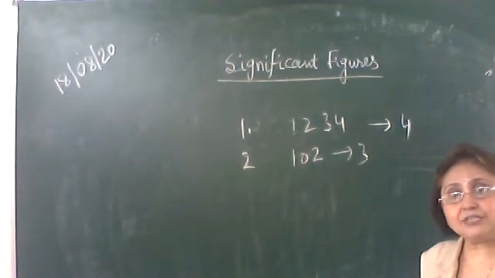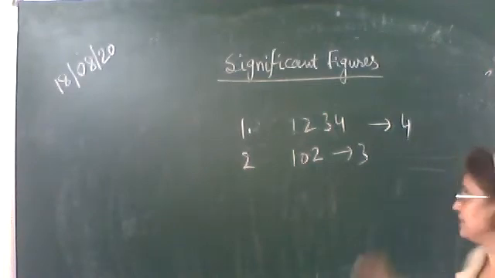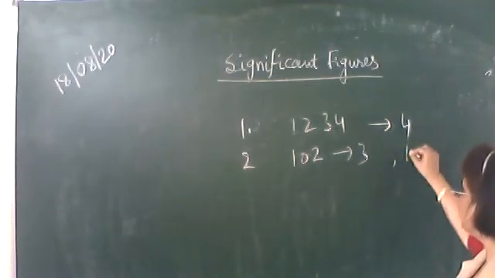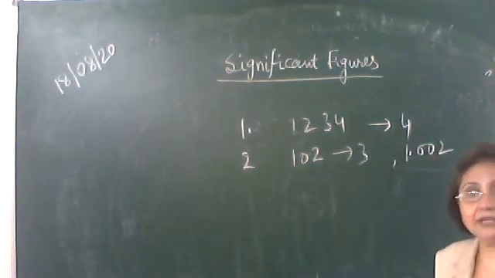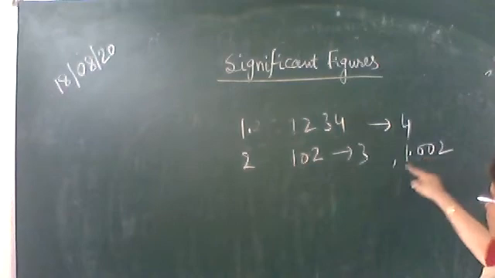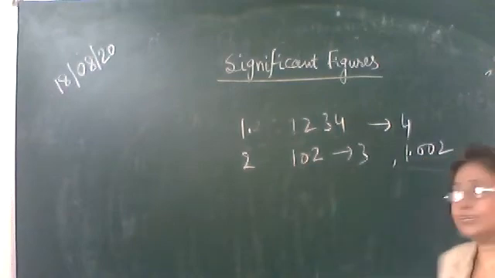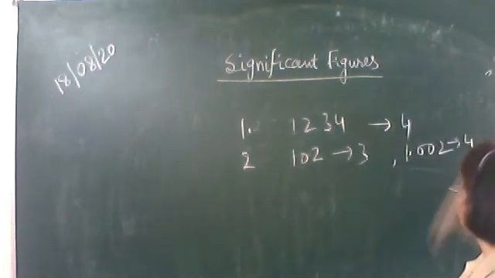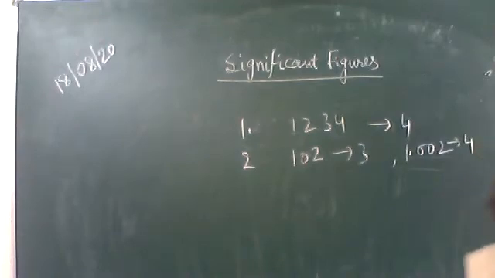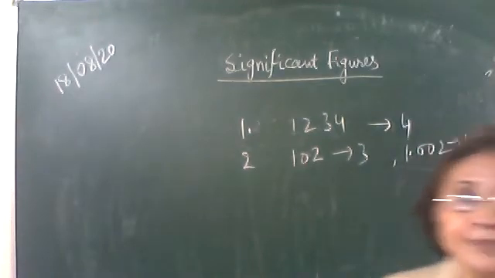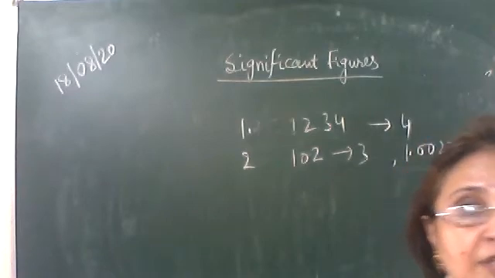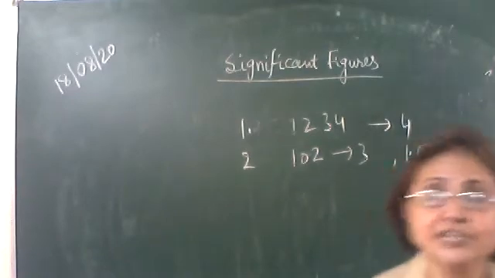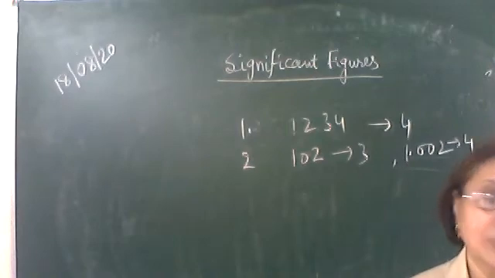There may be a decimal, there may not be a decimal in that measured value. For example, if it is 1.002, there is a decimal. But again, these two zeros are lying between two non-zero digits. So the number of significant figures here are 4. So the second rule states that if 0 is between two non-zero digits, then it has to be considered significant.